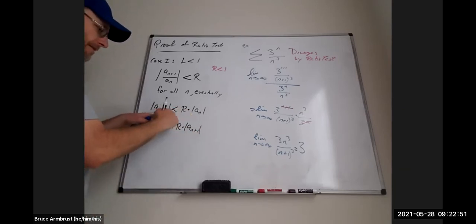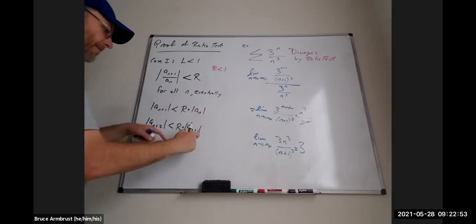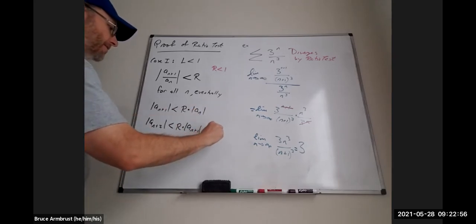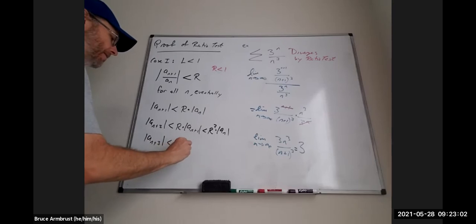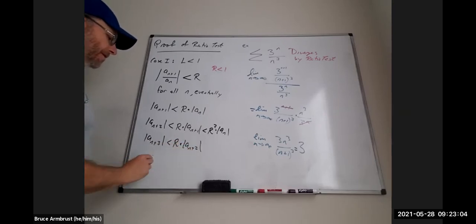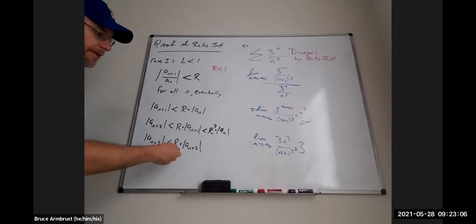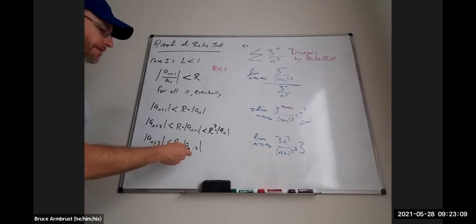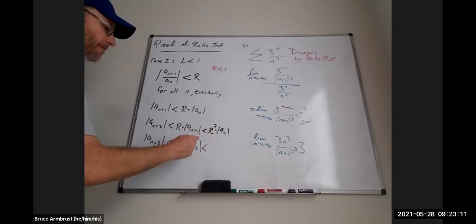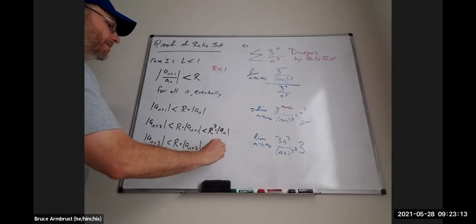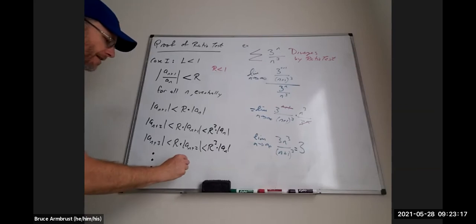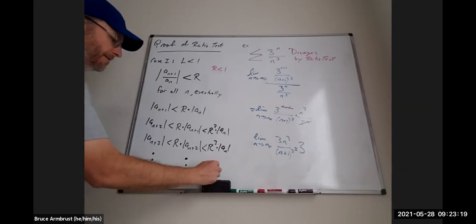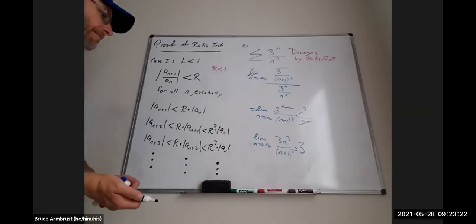Well, if I just insert this bit right here, drop that down, that's going to be less than R squared times a sub n. And I'm just going to do one more because then I think we're starting to see the pattern. The n plus third term is less than R times the n plus 2 term. Well, that was this. I multiply by another R, we get R cubed times a sub n. And I'm going to put dot, dot, dot, because the same thing's going to happen. Keep going on.